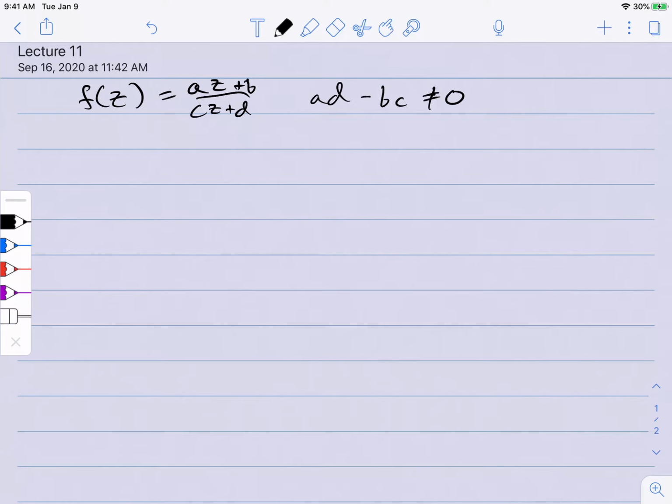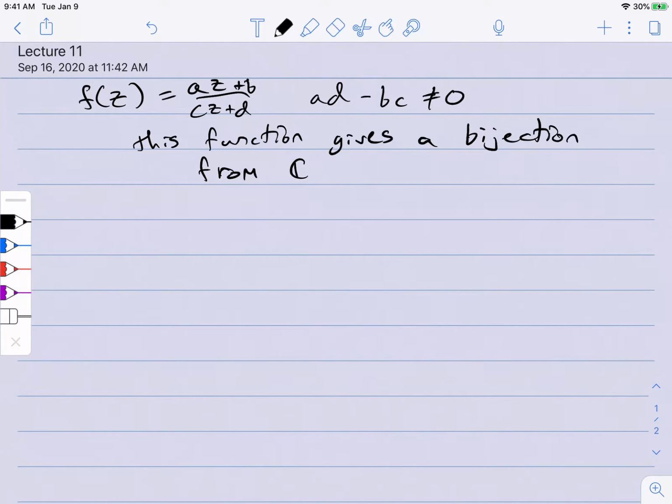And kind of the punchline of class yesterday was that this function gives a bijection from its domain, which is all of the complex numbers except for the point negative d over c, because if we plug that in, we'll be dividing by 0.